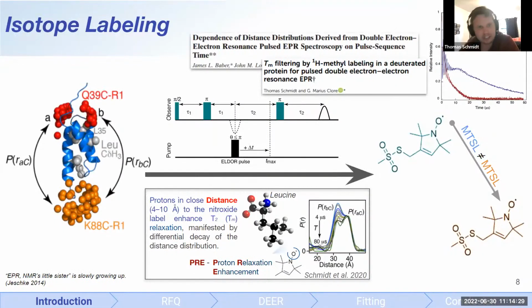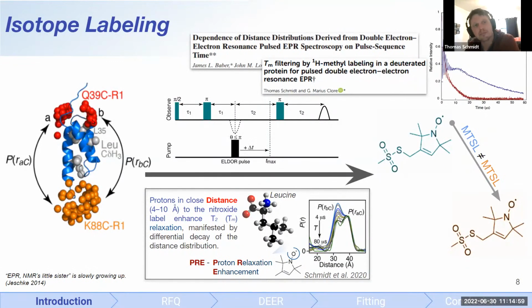Just a little introduction to this principle, as it becomes more important later on. For example, if I have my model protein of choice, protein A, labeled at the N terminal, shown in red, and the C terminal, shown in orange. The N terminal label will split into two rotamers and therefore gives a typical two-distance profile, as one can see here: one distance at 31 angstrom, another at 39 angstrom.